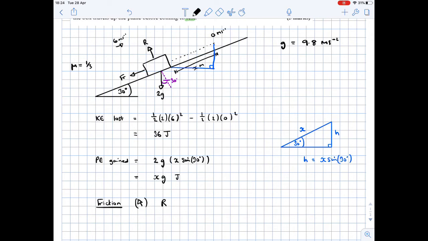So perpendicular to the slope, we have R, and going in the opposite direction, we have 2g cos 30 degrees, the component of the weight acting perpendicular, and that is equal to 0. So R is equal to, and cos 30 is equal to root 3 over 2. So root 3 over 2 times 2 is root 3, so root 3g.